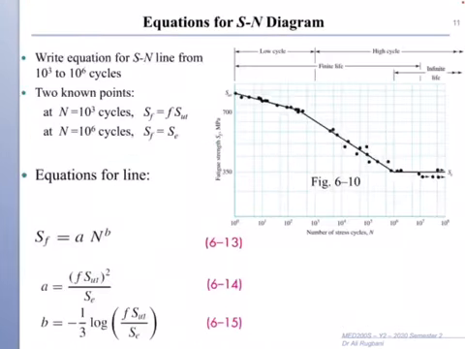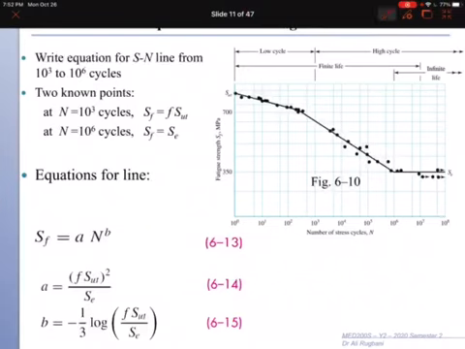Okay, now we can create an equation for strength life curve. Okay, the two known points are given here at 1000 cycles and at 1,000,000 cycles, these two.